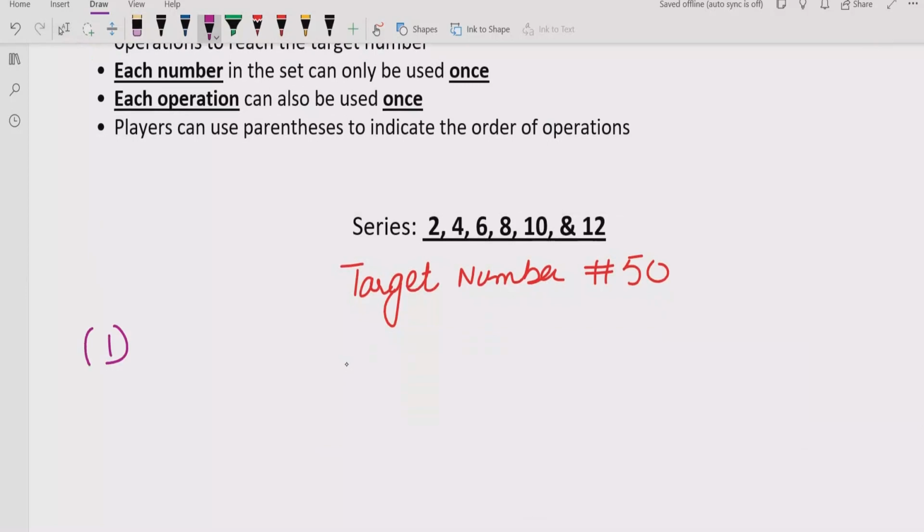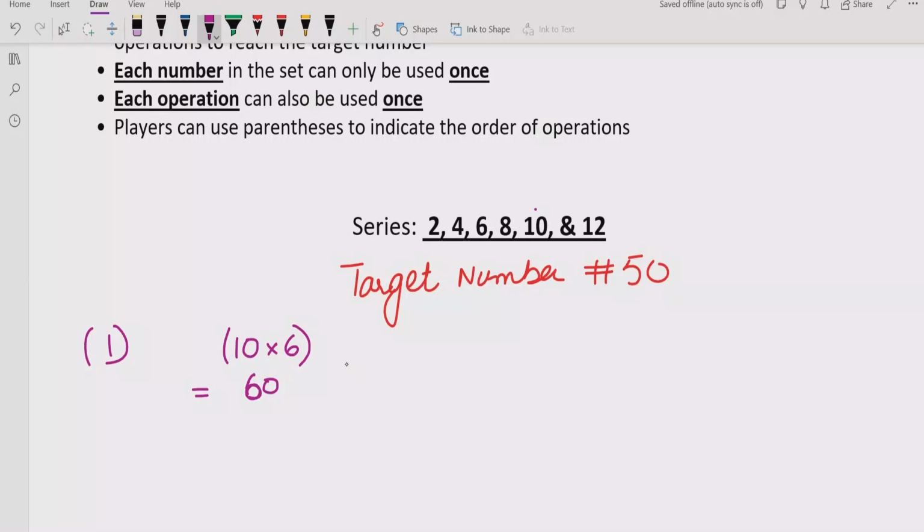The first number is 10. We take 10 and multiply by 6, and we will use parentheses so that we can easily track how we get the targeted number 50. So 10 multiplied by 6 is 60.